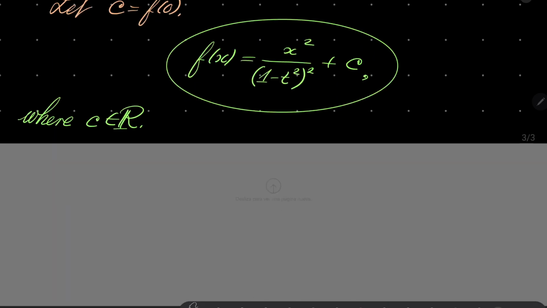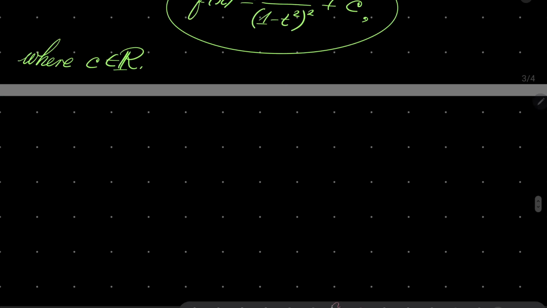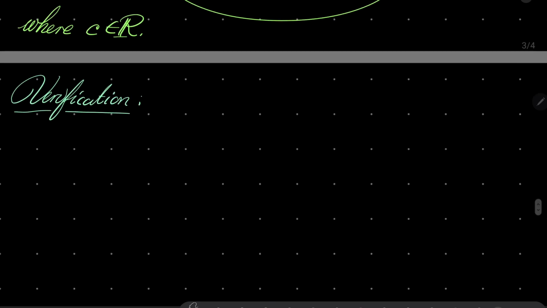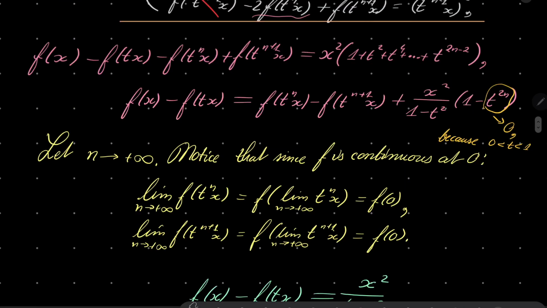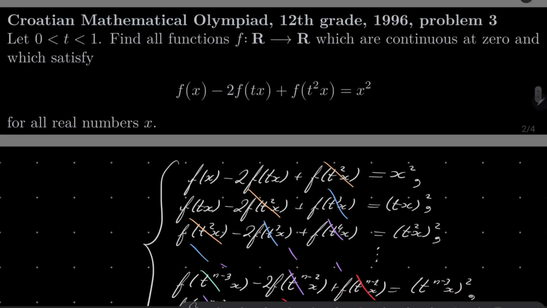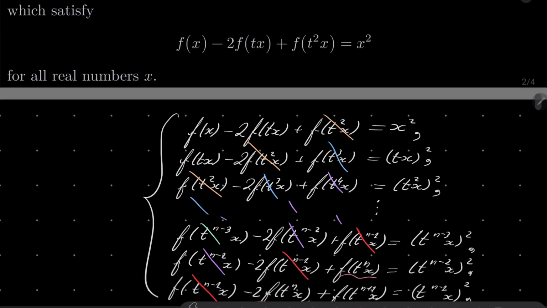But now we have to do verification. Verification is rather simple. On the left hand side of our equation, we have, let's go back because I don't remember exactly, f of x minus 2 times f of tx plus f of t squared x.